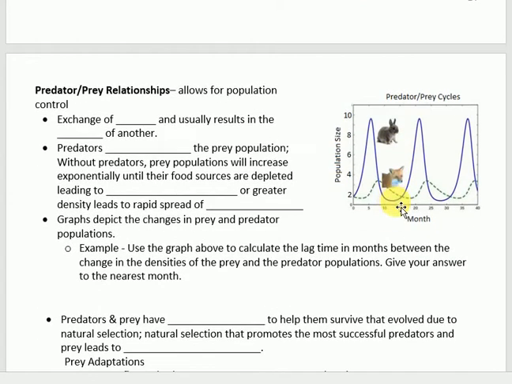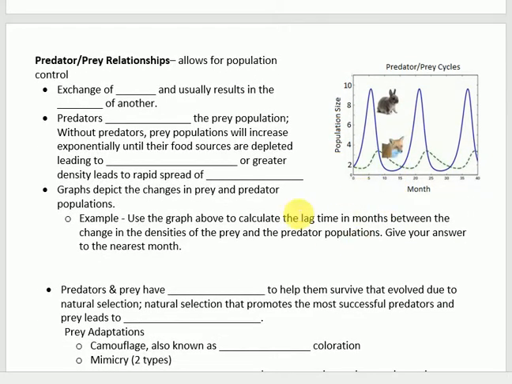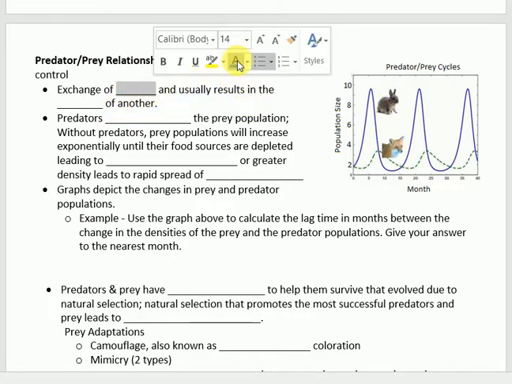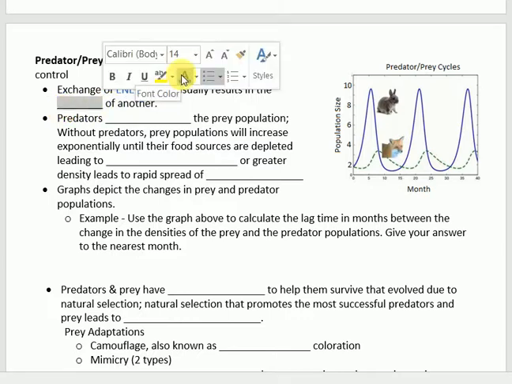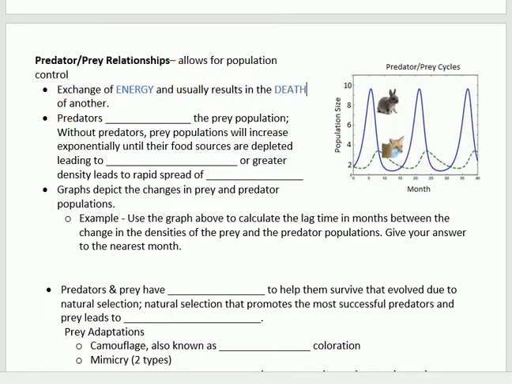Now let's talk about predator-prey relationships. As much as some of us don't want to see, for instance, the fox eat the bunny, these allow for population control. It is the exchange of energy, and usually it is going to result in the death of another organism.